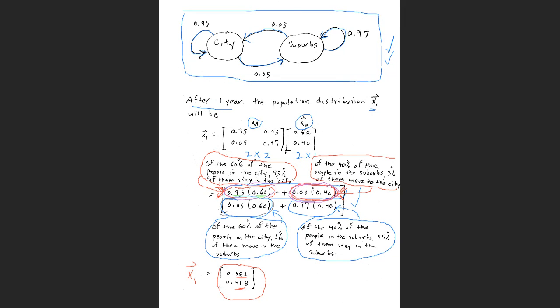So what's the trend? Is the overall trend people are moving to the suburbs, or is the overall trend people are moving to the city? What's the overall trend?